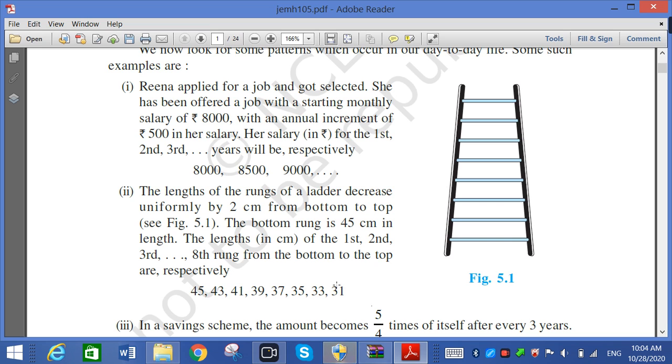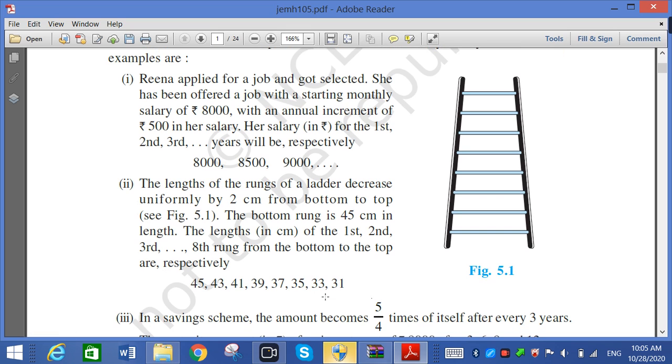So every time there is an equal addition, either add or subtract or multiply or divide, but equal every time, then we can say it is a sequence. So in the first sum we have to add, in the second we have to subtract.